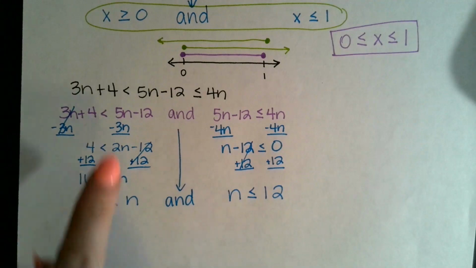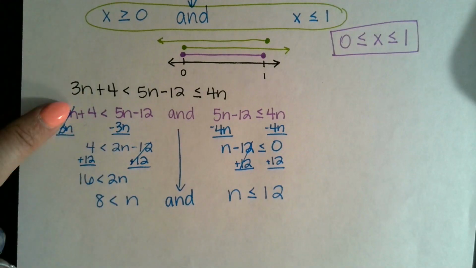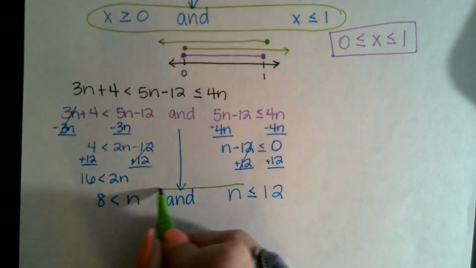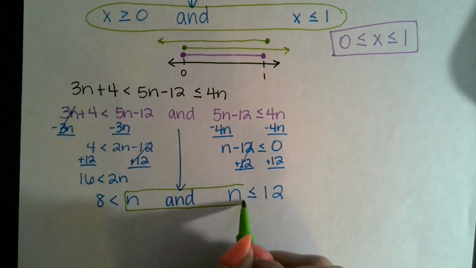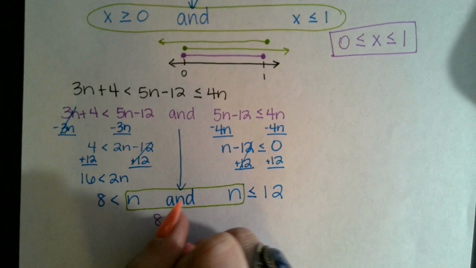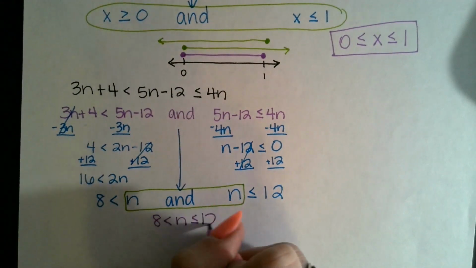And then remember how we took compact form and broke it down? We can put it back together by smushing all that together. Which gives me this.